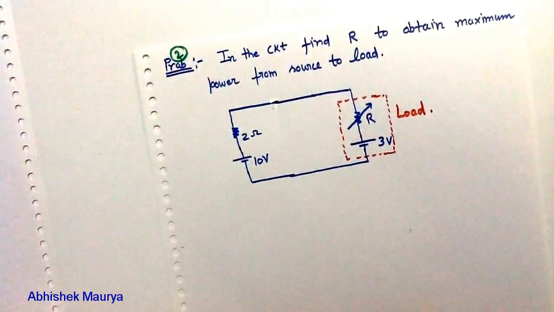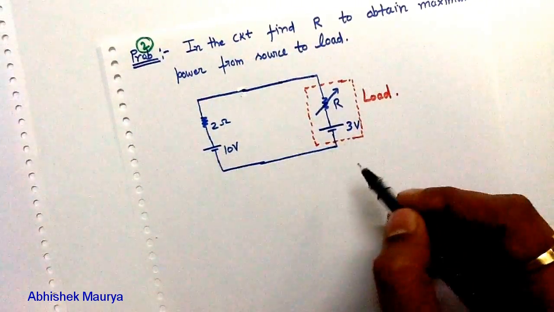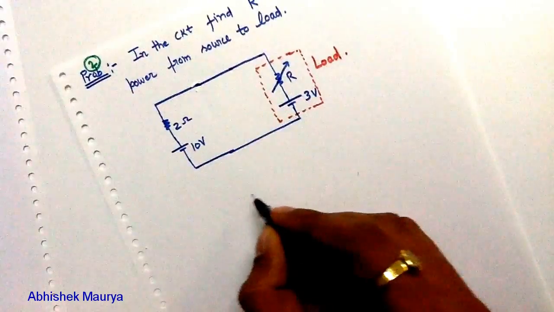Now the next problem. First, replace this load by a resistor.